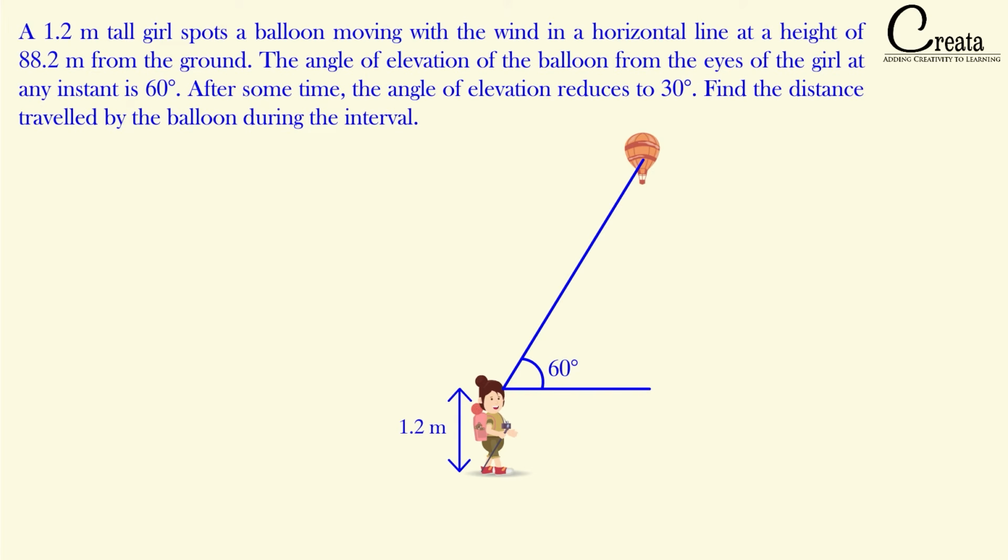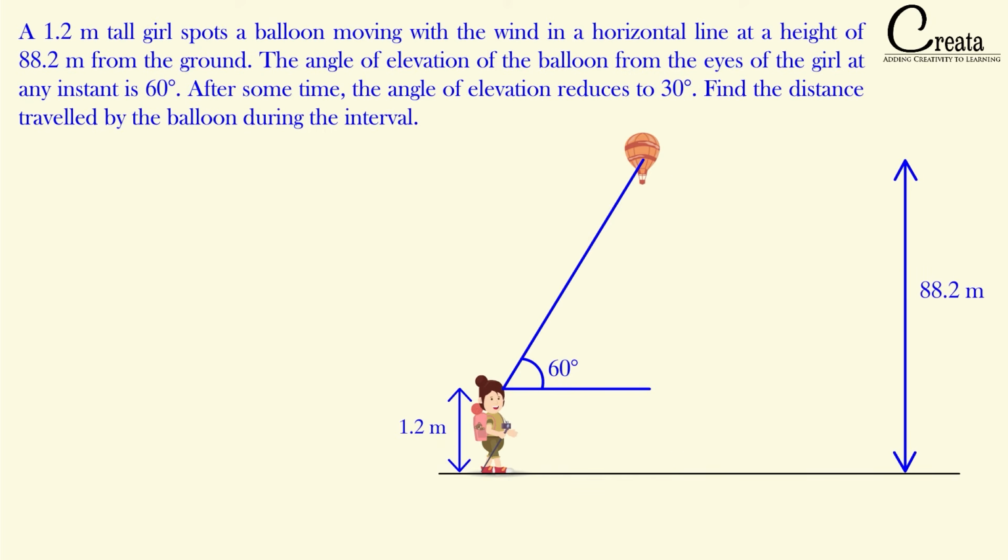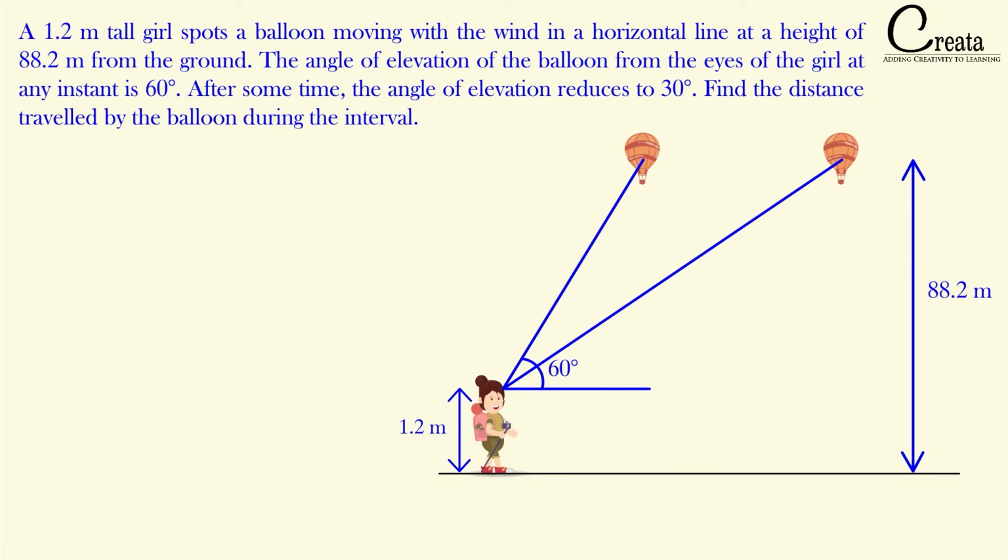The girl is looking at the balloon, so this is the angle of elevation which is given as 60 degree. The balloon is flying at a height of 88.2 meter from the ground and the height of the girl is 1.2 meter. Further, after some time the balloon has traveled some of the distance and now again the girl is looking at the balloon. Now the angle of elevation has been changed to 30 degree.